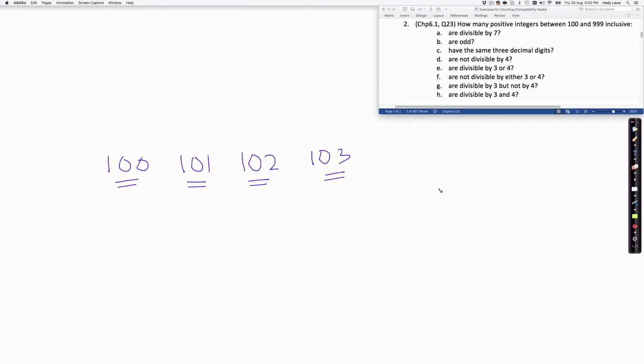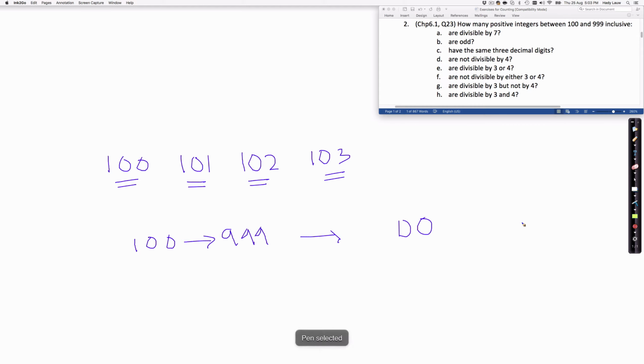Essentially half of the numbers are going to be even, and half are going to be odd. So 100 to 999, there are 1000 integers here. I'm sorry, there are 900 integers here, because we are only concerned with 100 to 999.